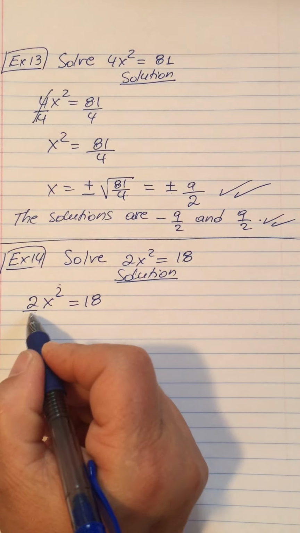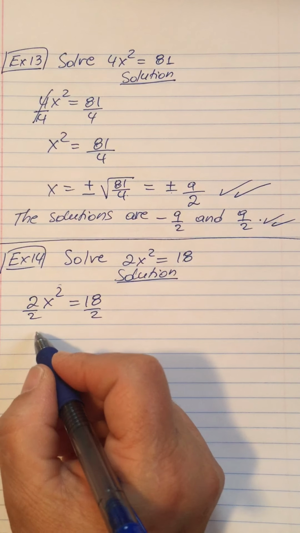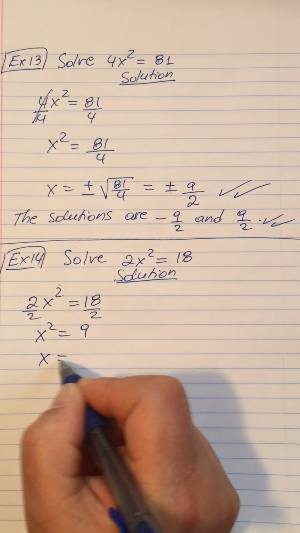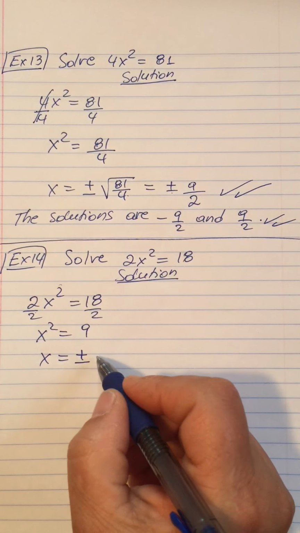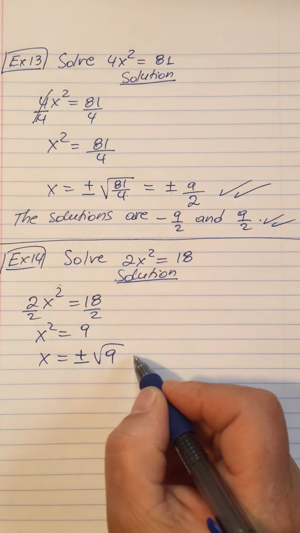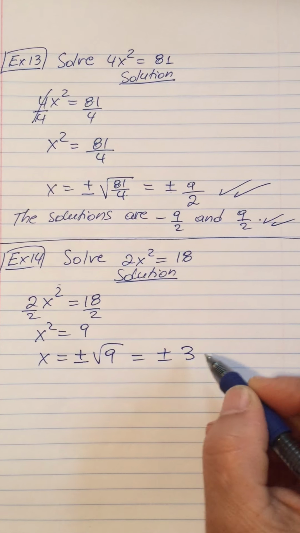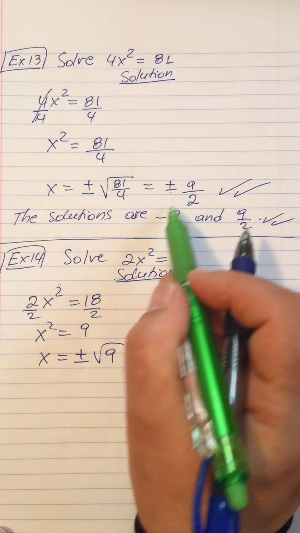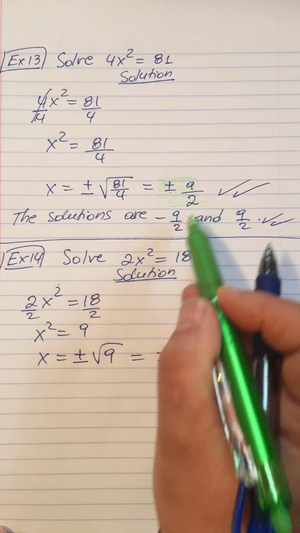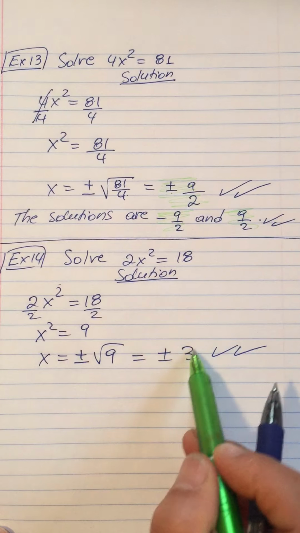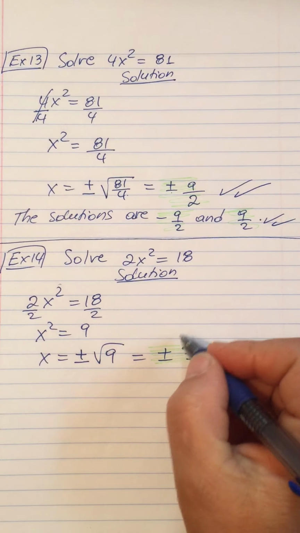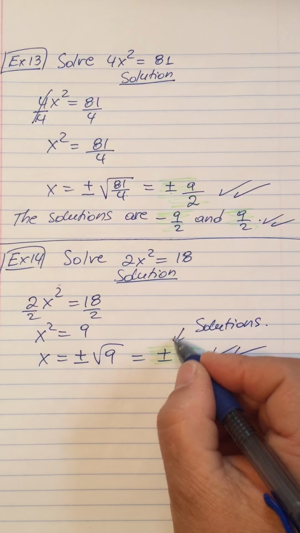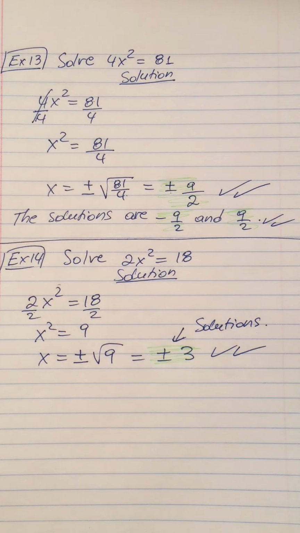So the first thing, I have to divide by 2 both sides, and x squared is 9, and now x is equal to the negative and positive square root of 9, which are positive and negative 3. Done. Okay, so these are the solutions to the equation.